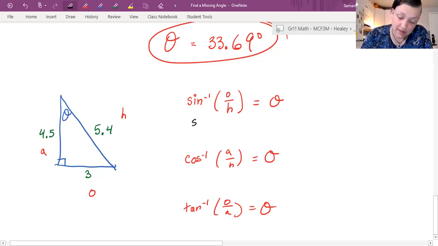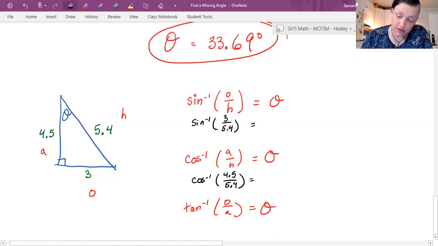So if you chose sine inverse, you'd fill in, my opposite side was 3 and my hypotenuse side was 5.4. So it'd be 3 over 5.4, and that would give us the angle. Or you could say, I'm going to use cosine inverse of our adjacent side, 4.5, over our hypotenuse, 5.4.